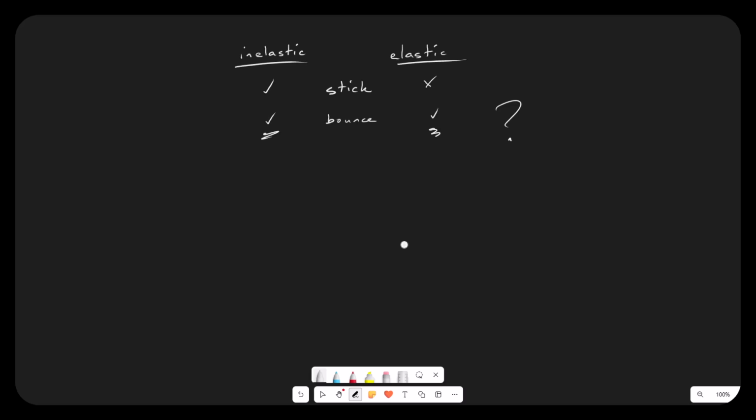Well, if you've got two objects that completely retain their shape or bounce back to exactly what their shape was before the collision, then you're going to have an elastic collision. If you've ever seen a golf ball hit a wall, when the golf ball comes in, it's completely round. That's what golf balls do. But when it hits the wall, it pancakes out and flattens.